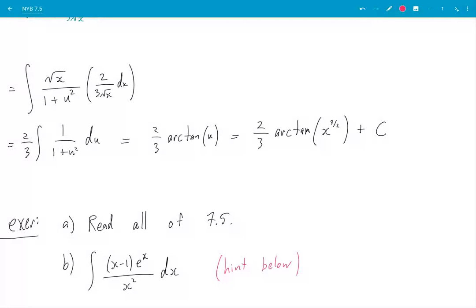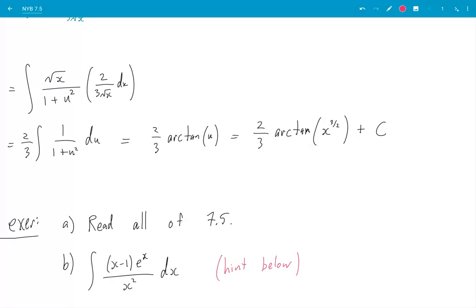And here's an exercise. So I recommend you read all of 7.5. So lots of different examples are done there to give you some different perspectives on integration technique. And then part B is an actual exercise.